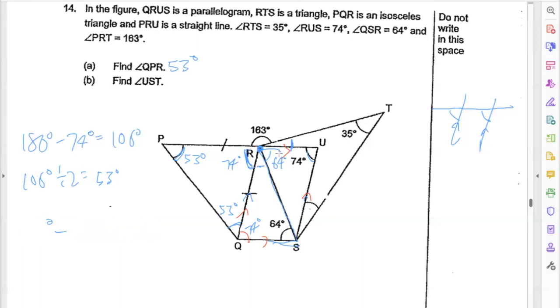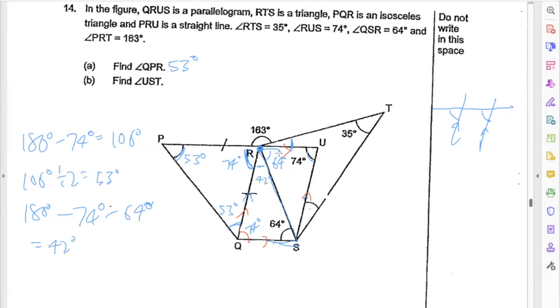So 180 minus 74 minus 64, 42 degrees. So this is 42.